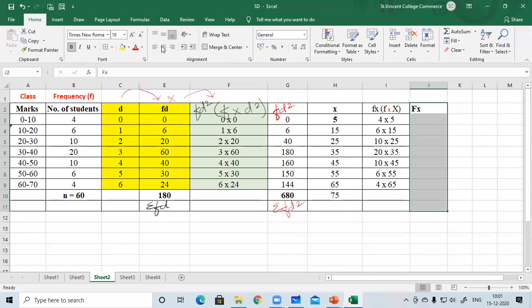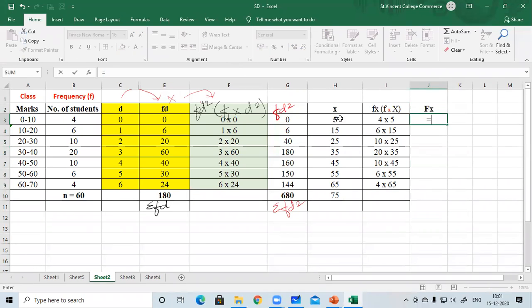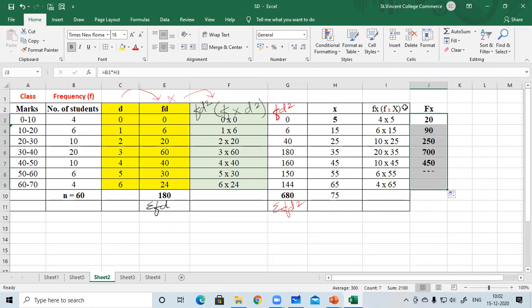I'm expecting you all are doing the calculations for me. For me, it's very easy. I have to just put a formula, children. I get the answers. So I hope you all are doing it. Good. Now what you have to do is take the total of this column. And this answer which you get here will be treated as your sigma fx.